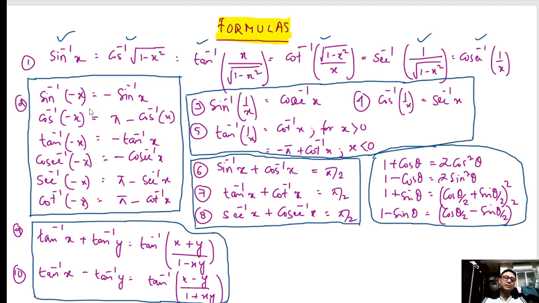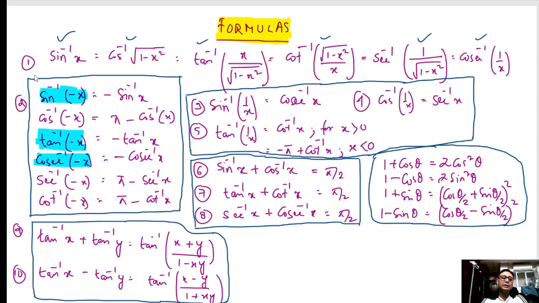Similarly, please watch here: sine inverse minus x, cosec inverse minus x, and tan inverse minus x have the same formula.